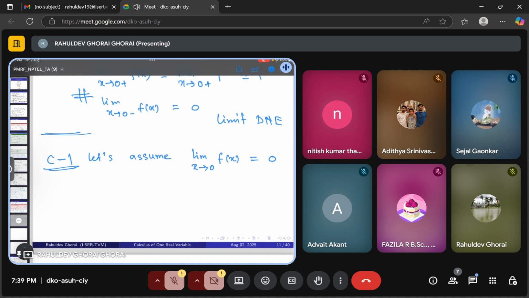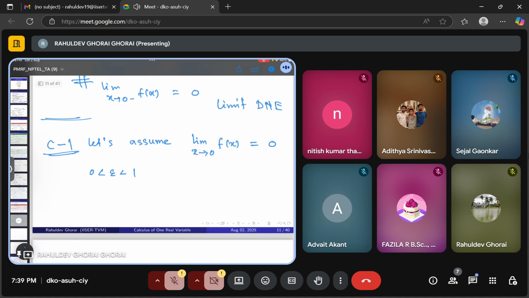If this is true, then for all epsilon we will find some delta. In this case, let's take epsilon with 0 less than epsilon less than 1. Then you have the neighborhood of 0, which is 0 minus epsilon to 0 plus epsilon, that is, minus epsilon to epsilon.